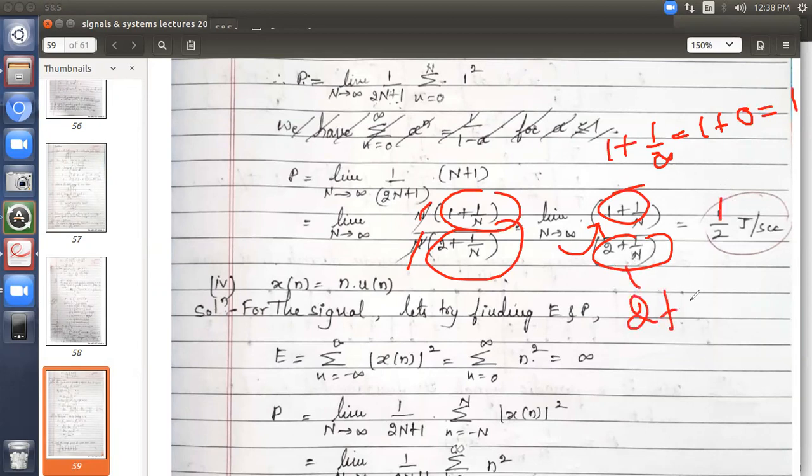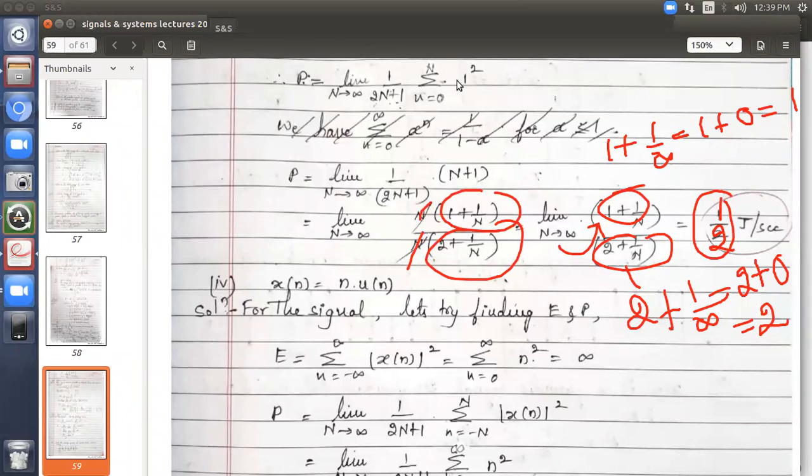It is 2 plus 1 by infinity, and 1 by infinity is 0, which is equal to 2. So in the denominator, you will get 2. 1 by 2, half. You will get the power as half. Power units, either you can put it as watts, or in terms of energy, if you want, energy by time is power, so it will become joules per second.